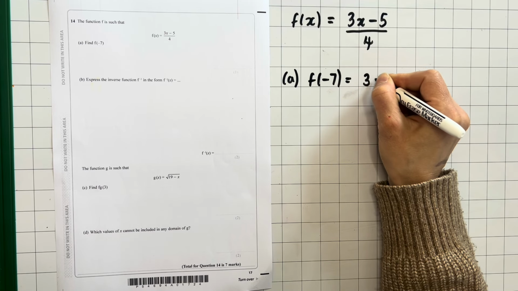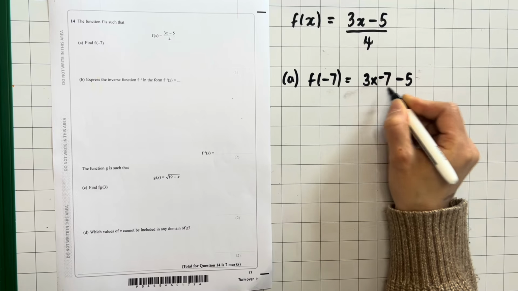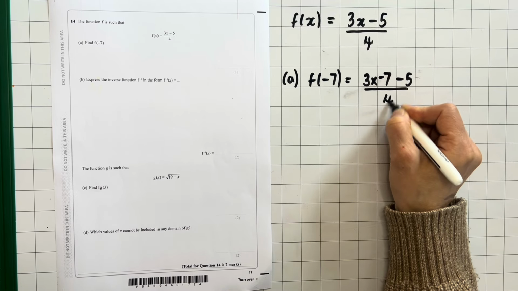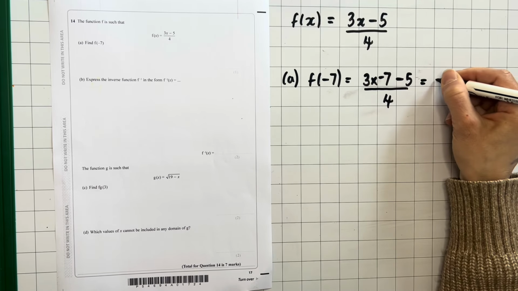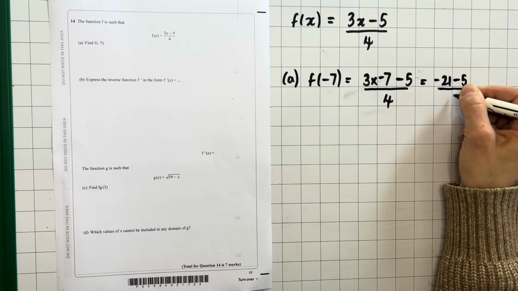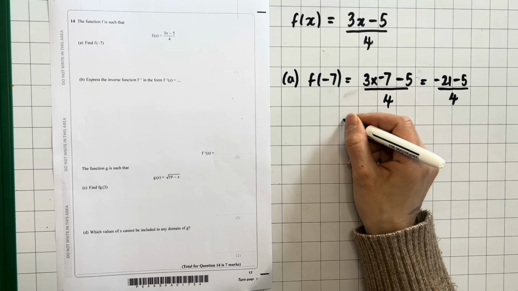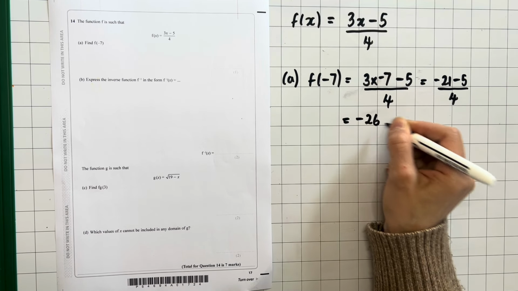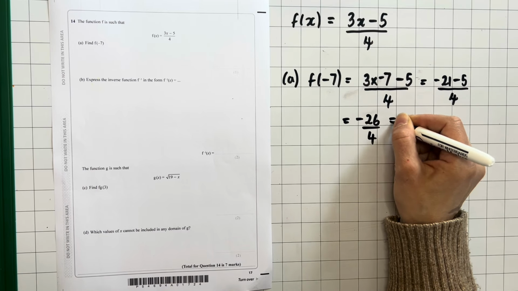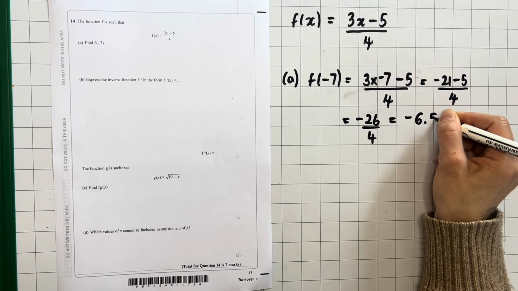This will give us 3 times -7, take away 5 all over 4, which gives us -21 take away 5 over 4, which is equal to -26 over 4. So our final answer will be -6.5.